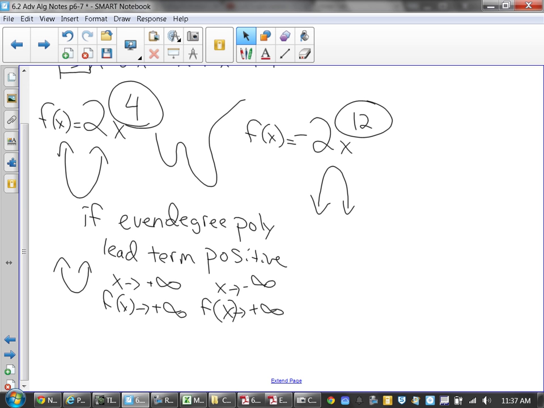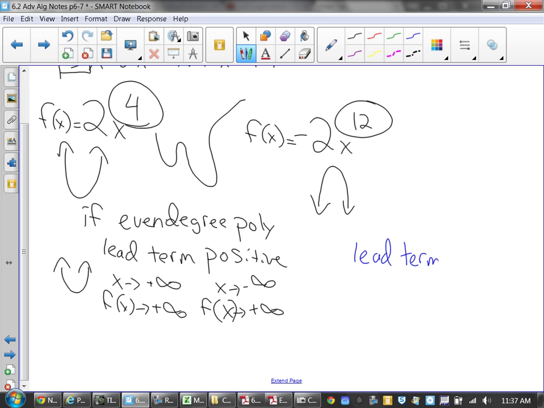If it's an even function and the first term is positive, your tails will always be pointing up. If it's an even function and your first term is negative, the tails are always going to be pointing down. So if the leading term is negative, as x approaches positive infinity, f of x is also approaching negative infinity.